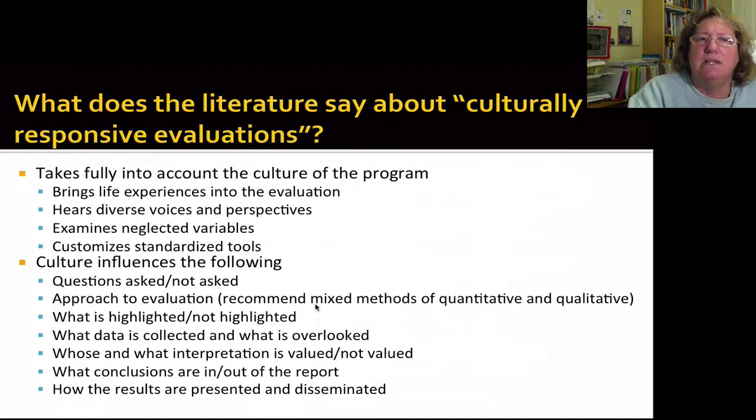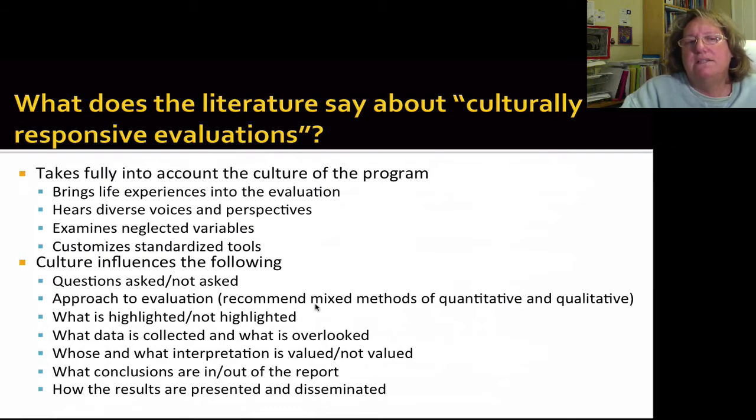So what is a culturally responsive evaluation? Two big pieces. It fully accounts for culture in the program. So types of things that we want to look at are the ways people's real life experiences and identities are recognized and brought into the evaluation. It's also about hearing a diversity of voices and perspectives.